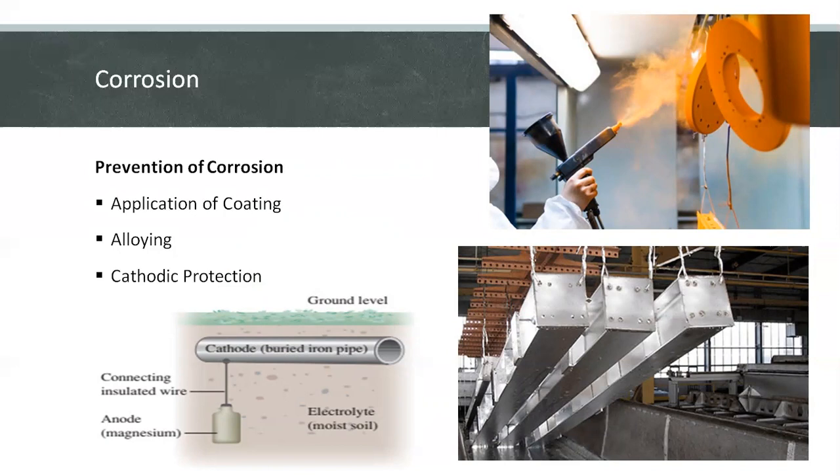The primary means of protection is the application of coating, most commonly paint or metal plating, to protect the metal from oxygen and moisture. So chromium and tin are often used to plate steel because they oxidize to form a durable, effective oxide coating.